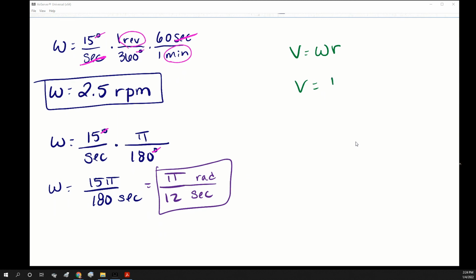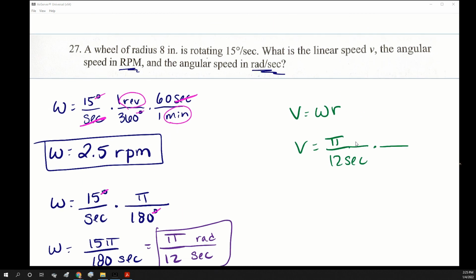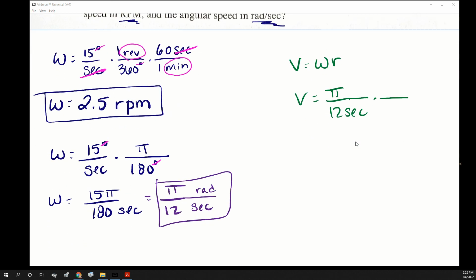So I'm going to go ahead and do pi over 12 per second. You can write radians up there if you want to, but I wouldn't because it's not a unit. And I'm going to multiply that by my radius, which I don't remember what it was. 8 inches. That would just be over 1. Okay.